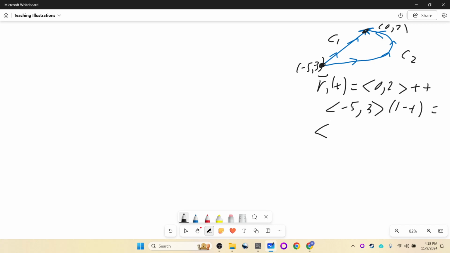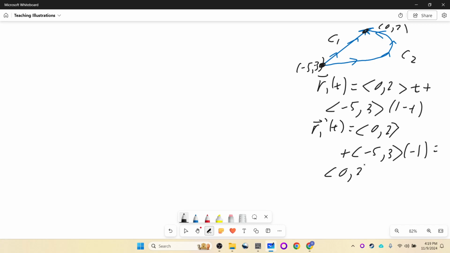Now we have to combine these if we're going to get a derivative here. There's a couple ways to do it. Actually, we could do the derivative from here directly. We could say r1 prime of t would be the derivative here with the t going away. It'd be 0, 2 plus negative 5, 3, negative 1. Be 0, 2 plus 5, negative 3, which would be 5, negative 1.